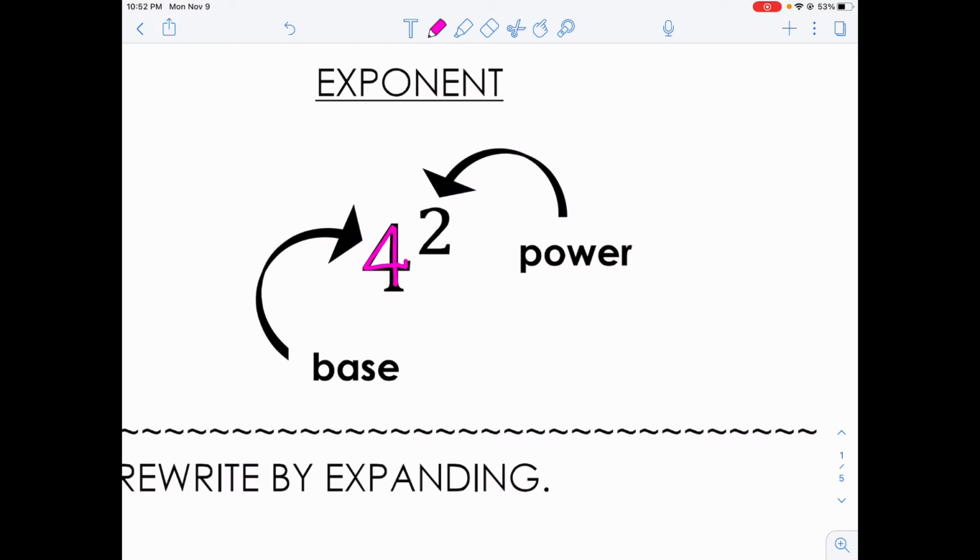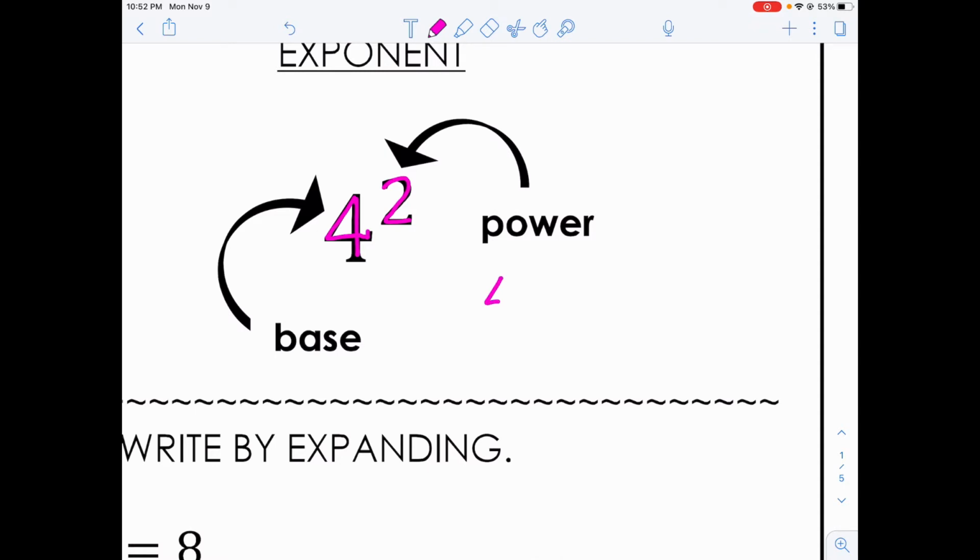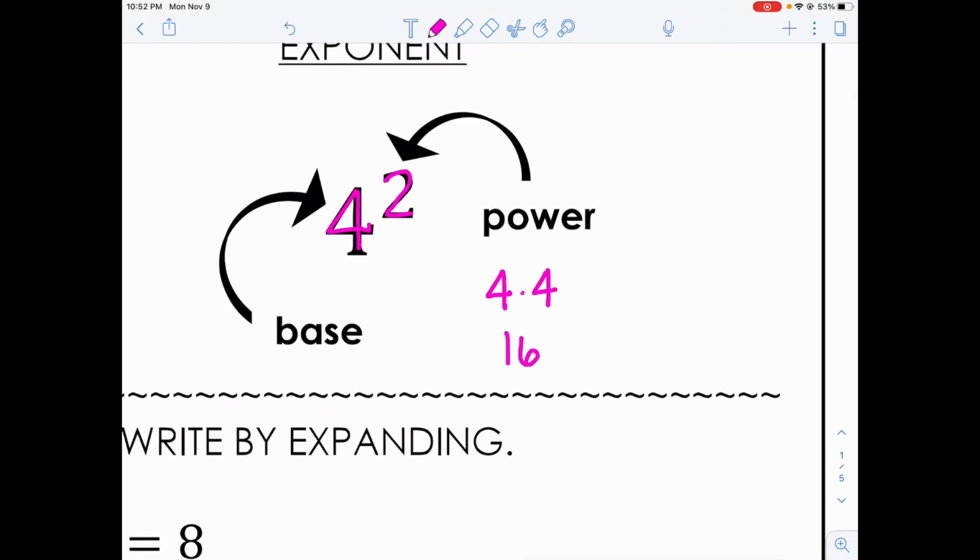And then the exponent, or the power, tells you how many times you're going to take 4 times itself. So this is 4 to the second power. It is not 4 times 2, but rather it is 4 times itself 2 different times. 4 times 4, and then you can multiply to figure out what 4 times 4 is. It is 16. So 4 to the second power, or 4 squared, is 16.